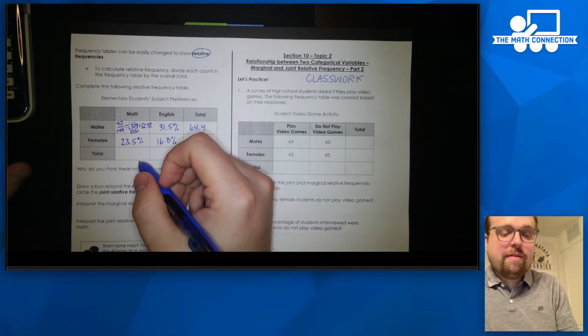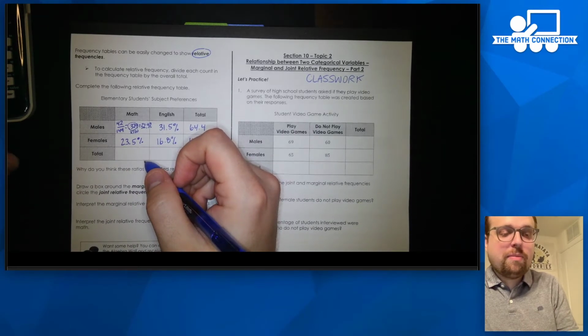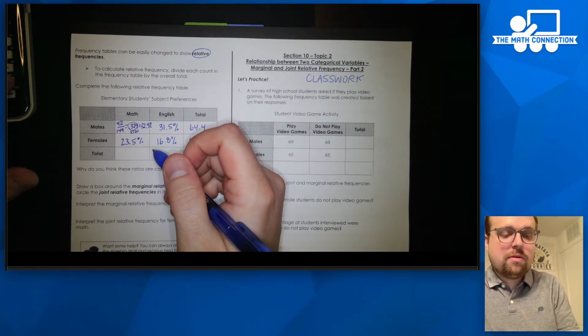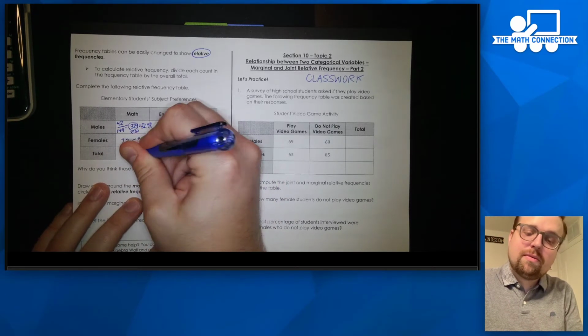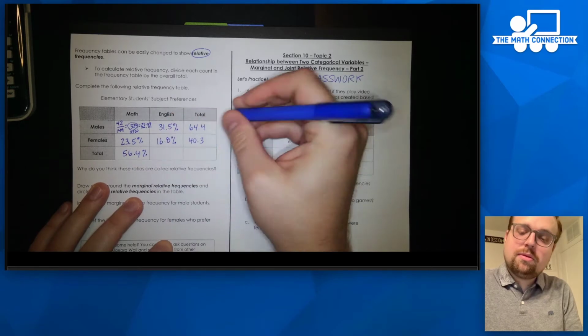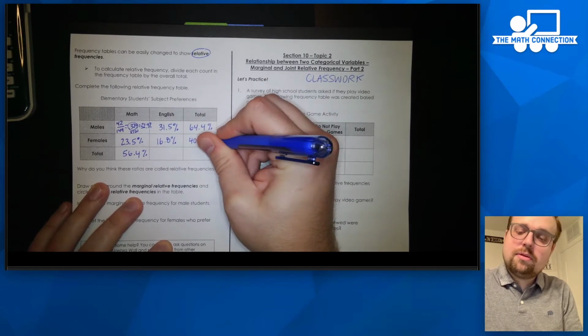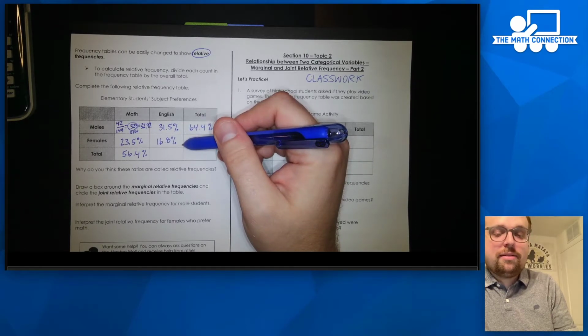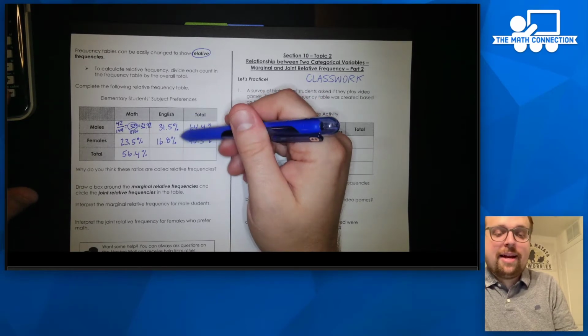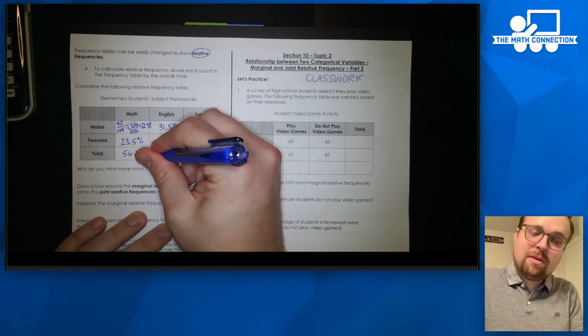And then down here we have 32.9 plus 23.5. Whoops. That's 56.4. And finally you have 31.5 plus 16.8. That's adding up and down, and that gives me 48.3%.